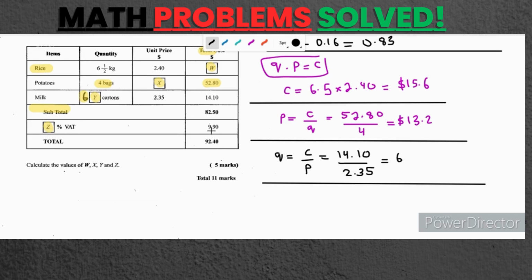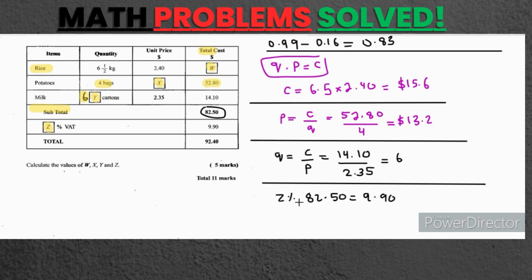Z% of the total cost is 9.90. So Z% is given to you, right? Z percent. Z% of what? Z% of the total cost here. Z% of 82.50 is equal to 9.90, right?